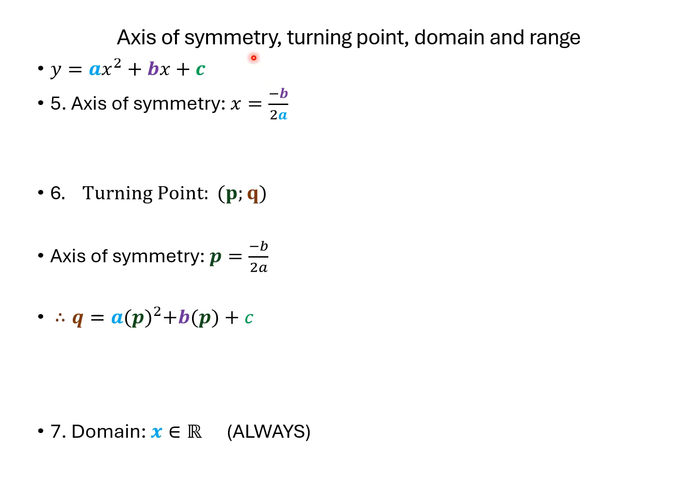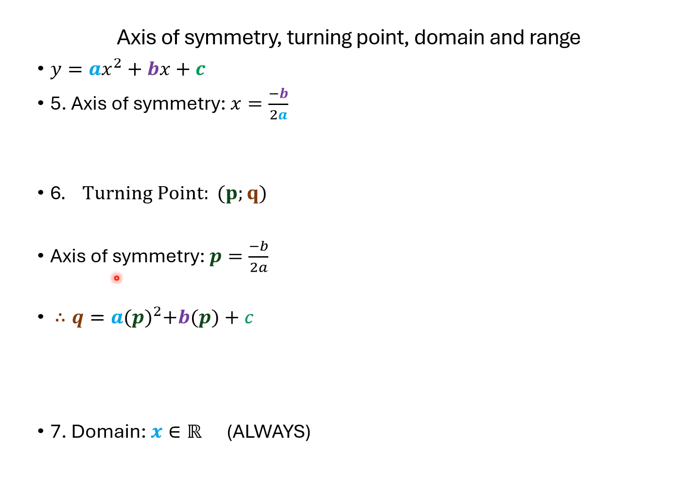So for axis of symmetry, turning point, domain and range, we have the equation y equal ax squared plus bx plus c. For the axis of symmetry, x equal minus b divided by 2 times a. That's the equation. Then for the turning point, we have what we call the p and the q value.